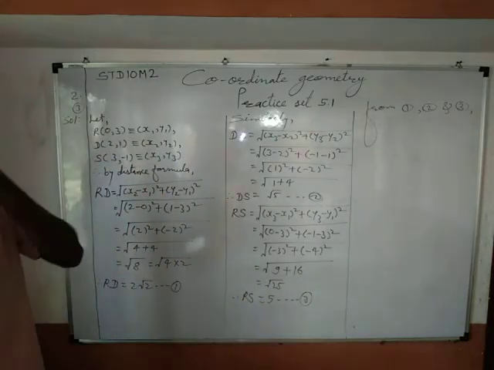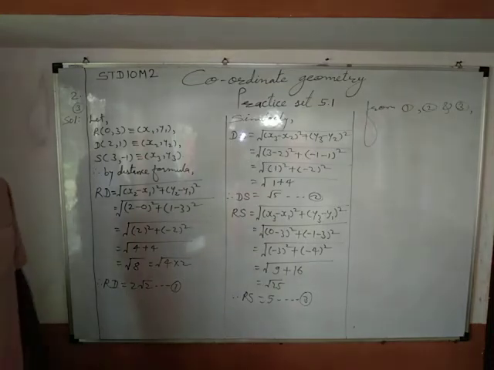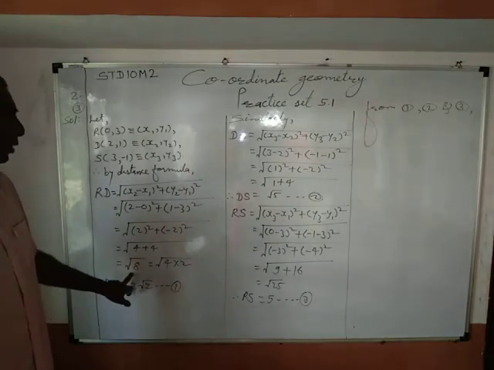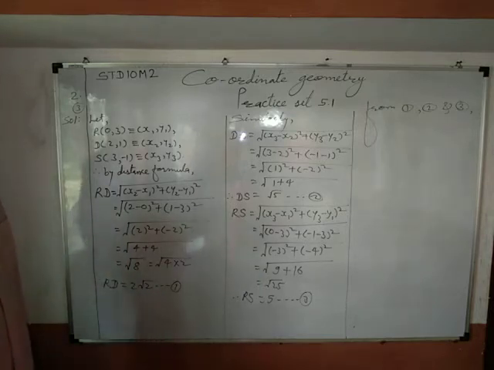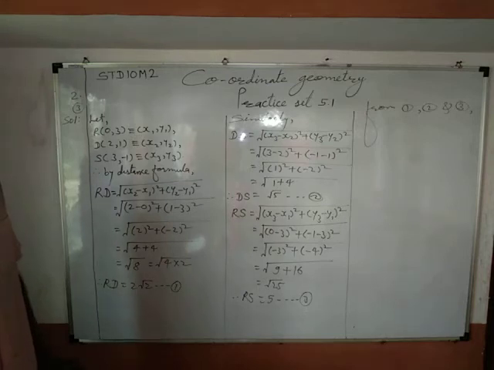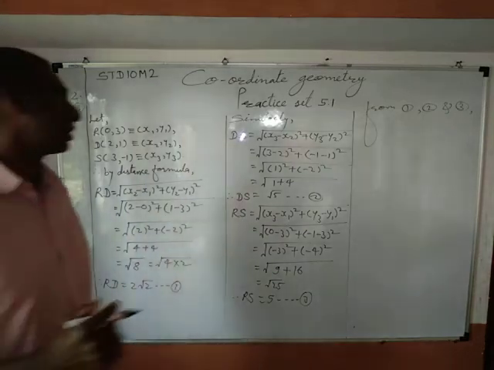Root of 25 is the greatest distance, and the rest of the two distances are root 8 and root 5. As root 8 plus root 5 is not equal to root 25, we can conclude points R, D, S are not collinear.